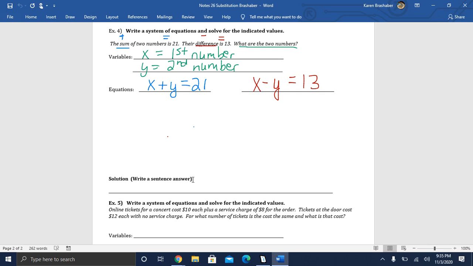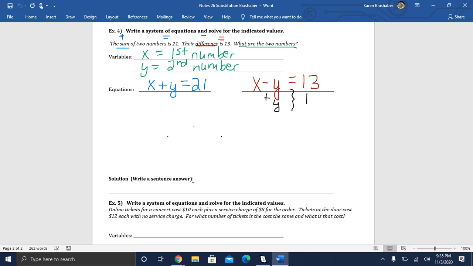So now, in this situation, I do not have one variable that is already by itself, but I could easily take either equation and get a variable by itself. So I'm going to work with my second equation, the red one, and I'm going to work to get this x by itself, which means that I would need to move the y to the other side of the equal sign.